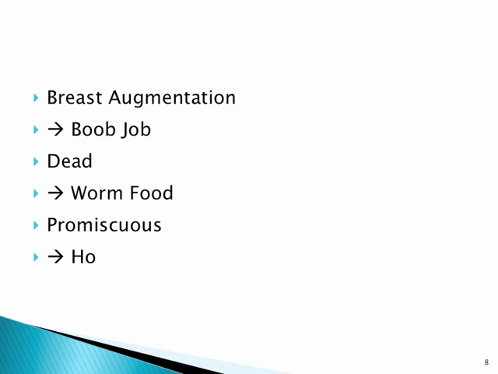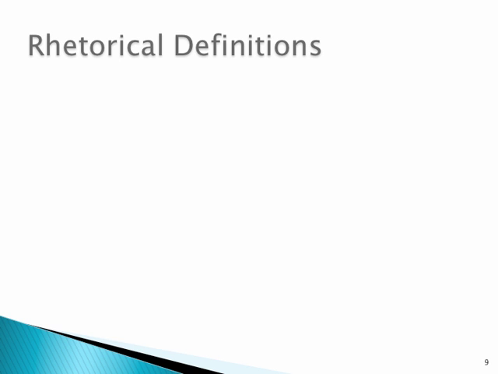Okay, we talked about definitions in another lecture, and whenever the language you use in a definition becomes too colorful, then we've got a rhetorical definition. So we looked at regular definitions, philosophical, stipulative, definition by example, synonym, proper definitions, but we never went for definitions where the language was too colorful.